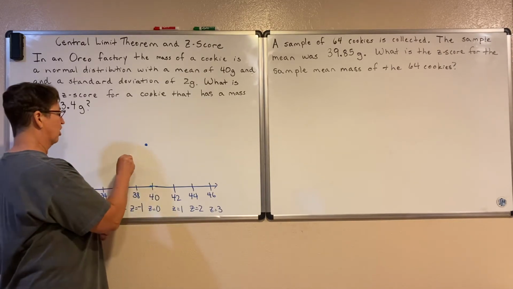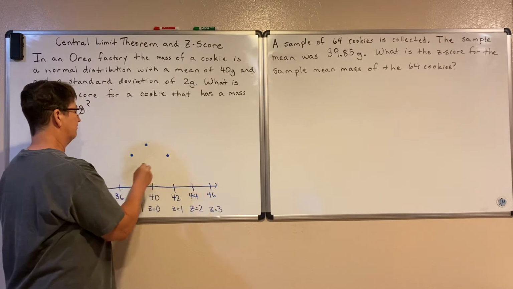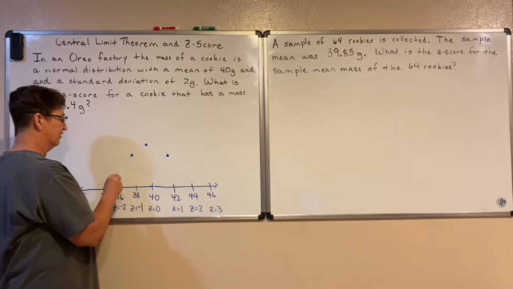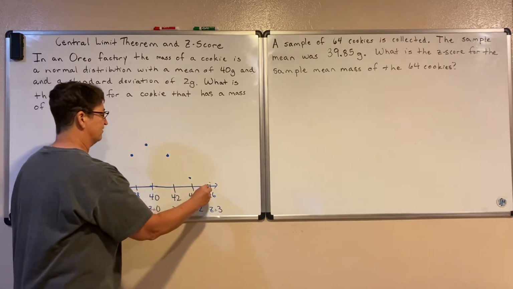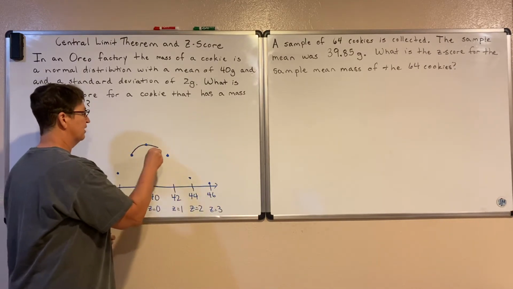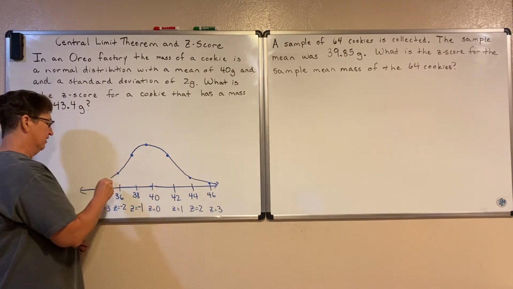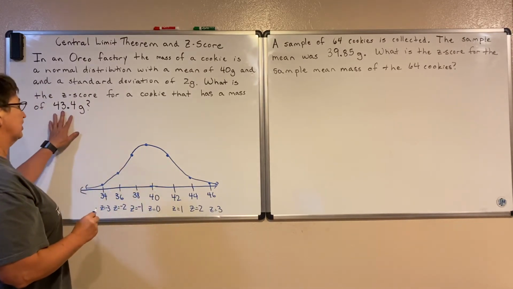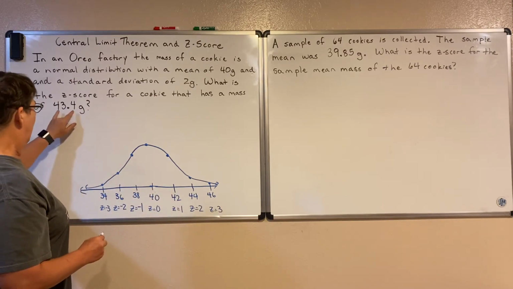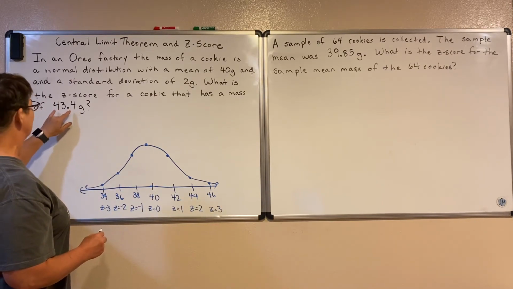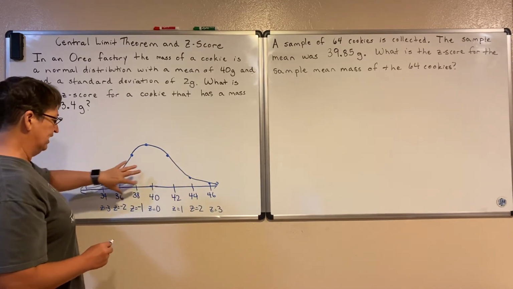Now, if I wanted to draw this distribution, I put in my inflection points at my standard deviations, and remember that it's symmetric and has this bell shape, so the normal distribution looks something like this. This particular cookie that we've randomly chosen has a mass of 43.4. That mass is somewhere in here.